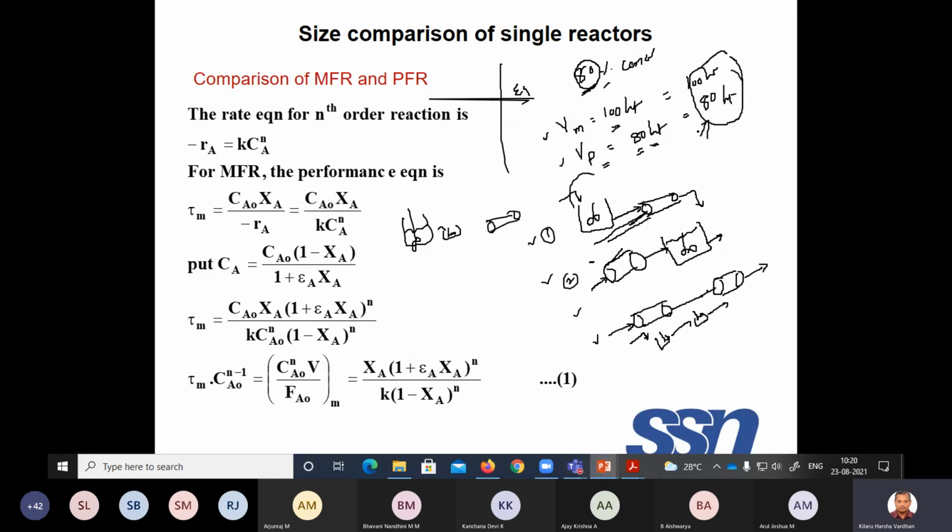It is true. If you compare these two, plug flow is better for a positive order. But even instead of one big plug flow, you can have one small plug flow and one small CSTR. It will give you the same performance with a much lesser reactor volume required. Generally, the more the volume of the reactor, the more the capital cost, and the less your profit.